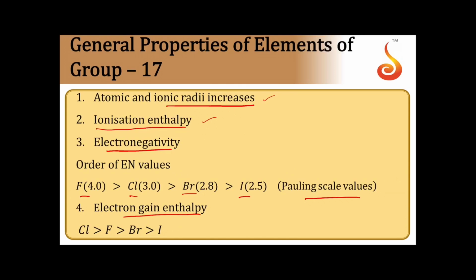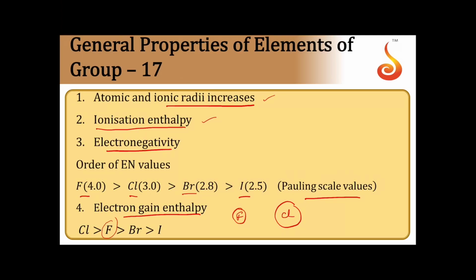Electron gain enthalpy: being small in size, they have a higher electron gain enthalpy, but the exception is fluorine. Fluorine has a lesser value than chlorine because fluorine is small in size and has high electron density. When you compare fluorine and chlorine, chlorine is a larger sized atom, whereas fluorine is a small sized atom.